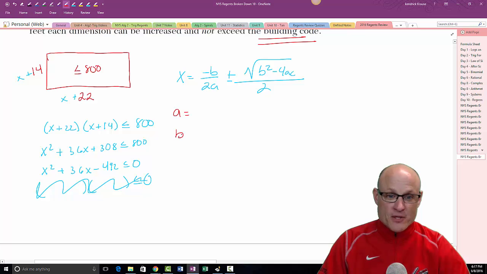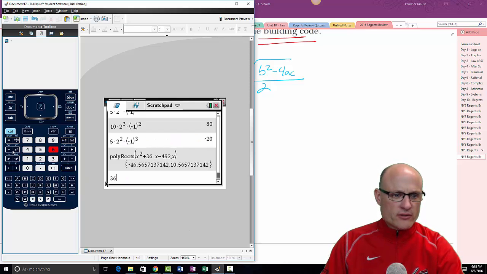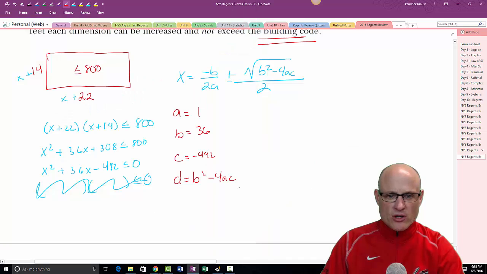A equals, B equals, C equals, and D equals. Now, D for us in my class stands for the discriminant, b squared minus 4ac. I like to do that math over here. A is 1, B is 36, C is negative 492. I don't know what 36 squared is. 36 squared is 1296.